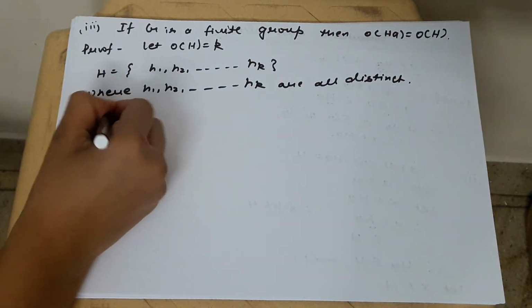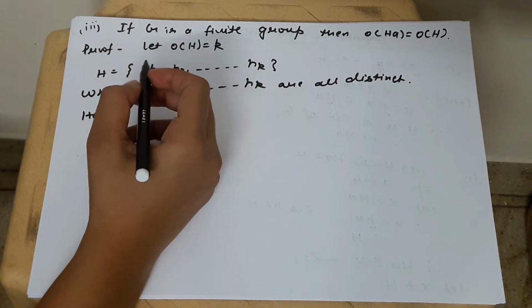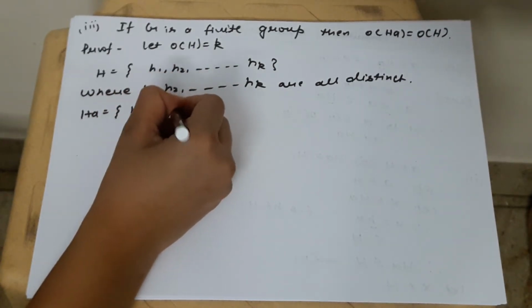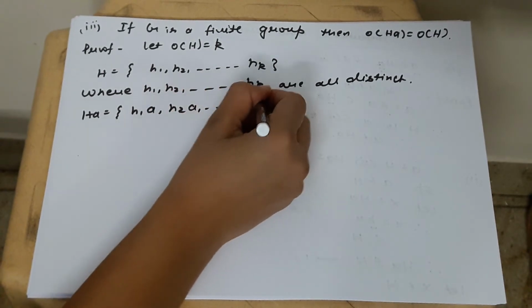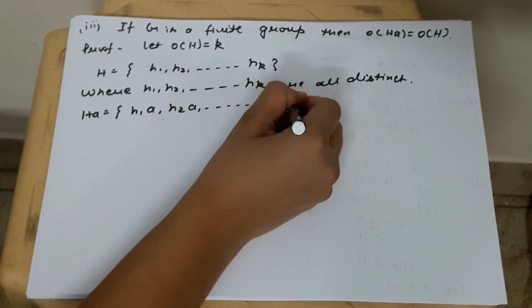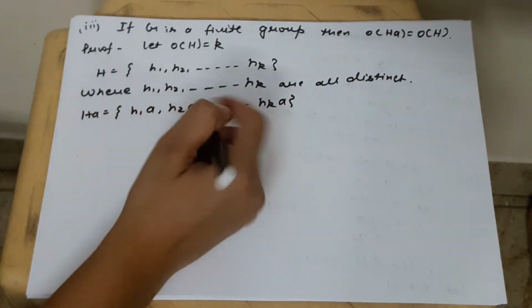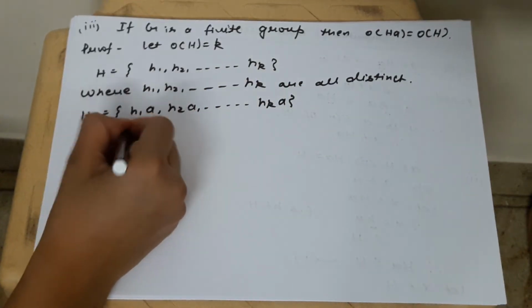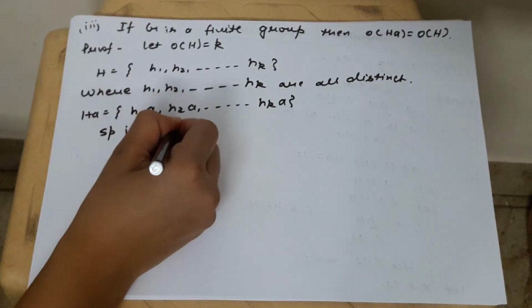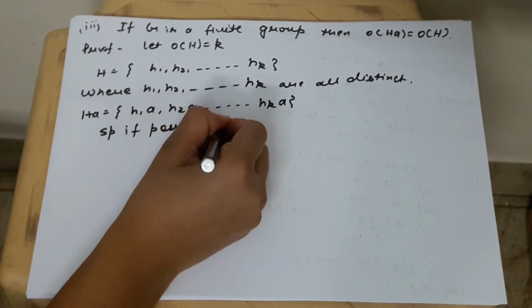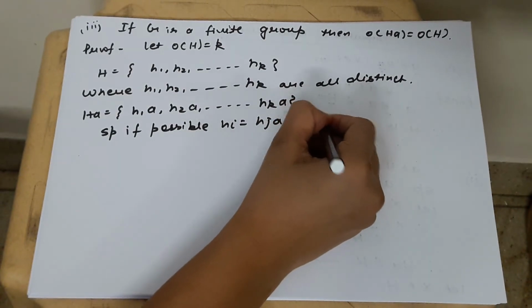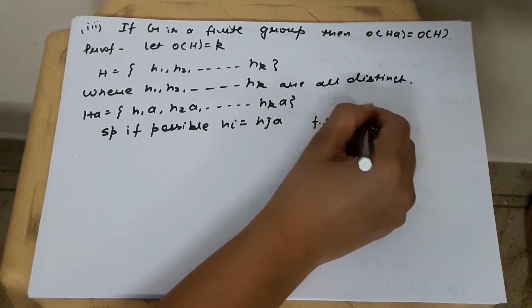Now take the coset Ha, meaning every element of H is multiplied with a. So h1a, h2a and so on up to hka. Now all these elements are different from each other. Suppose, if possible, hia is equal to hja for some i not equal to j.